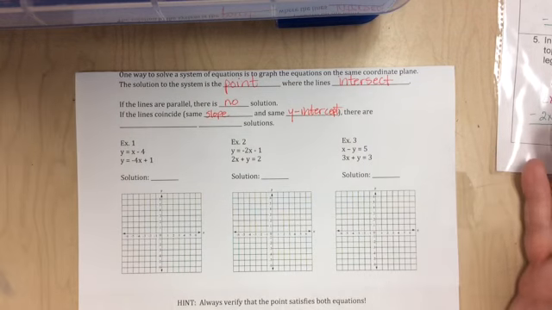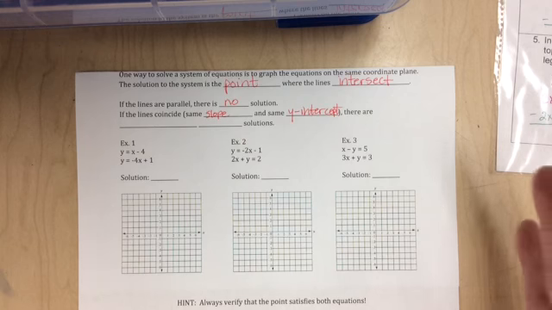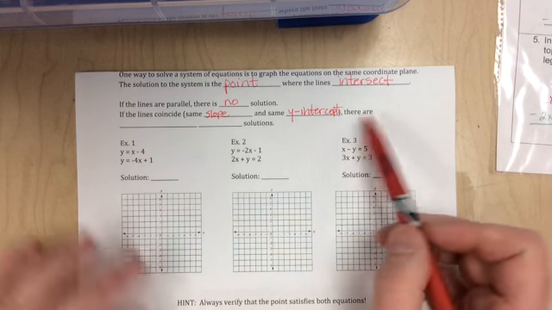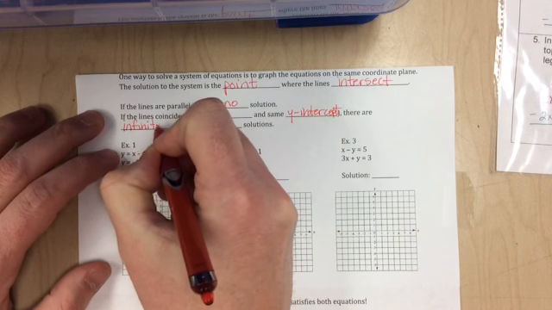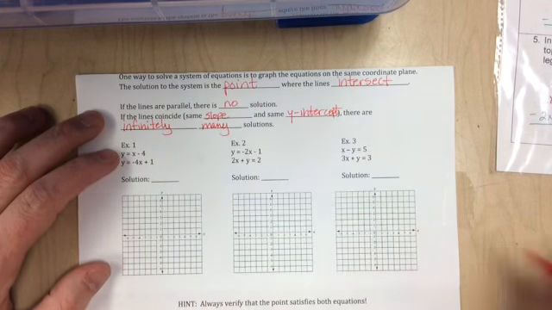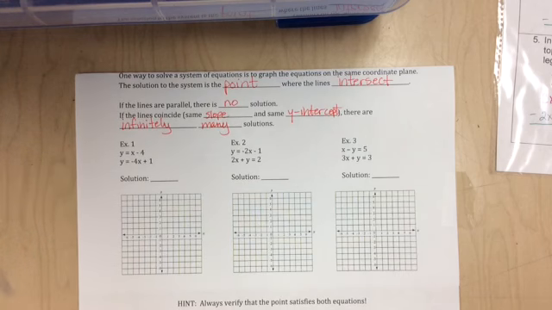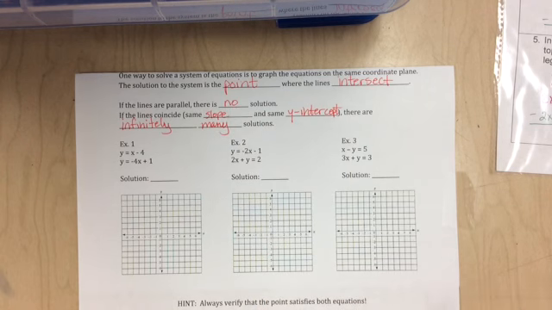That means basically they're exactly the same line. So it's one line just right on top of itself, maybe in a different form. Then there are infinitely many solutions because they cross at every point because they're exactly the same line. Okay? Just some special cases. We'll talk more about those a little bit later.